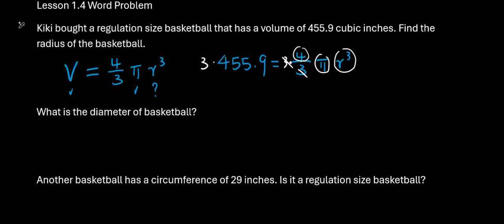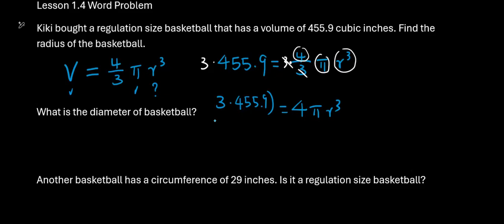I'm going to rewrite it for you: 4 pi r cubed, and here you are going to do 3 times 455.9. I'm going to leave it for my calculator to take care of for me.